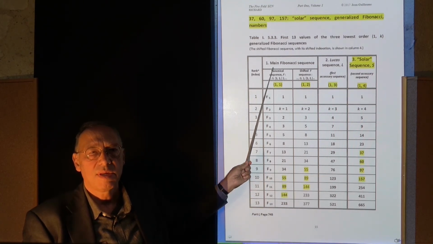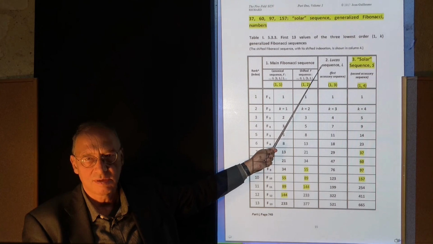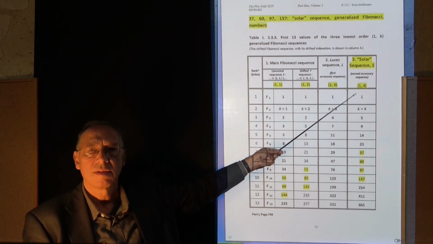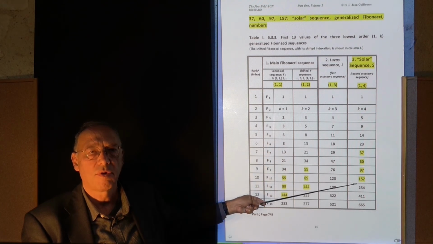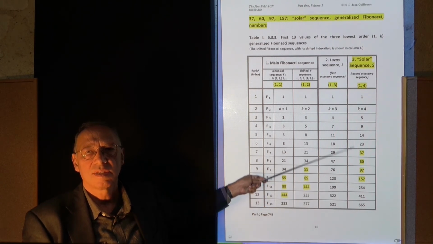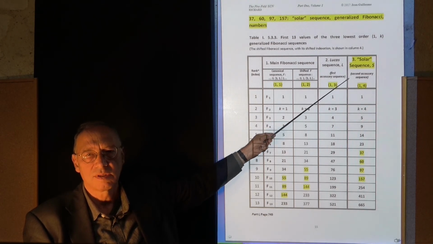There is a main Fibonacci sequence, and then there is a set of so-called generalized Fibonacci sequences, the first of which is the Lucas sequence, and the sequence in which we find the polar and equatorial rotations of the Sun, which we just suggested, is the third such generalized sequence.